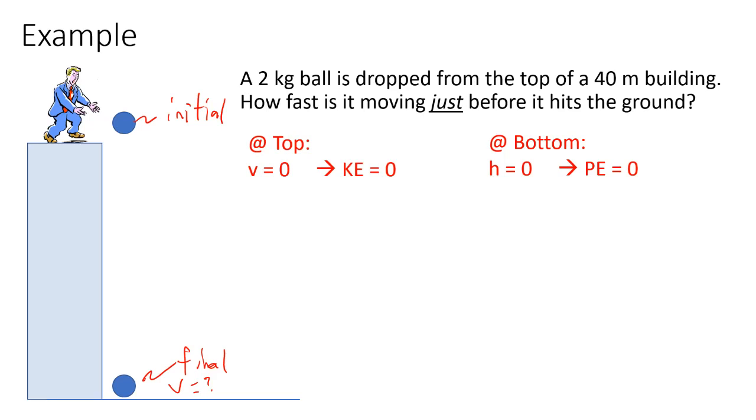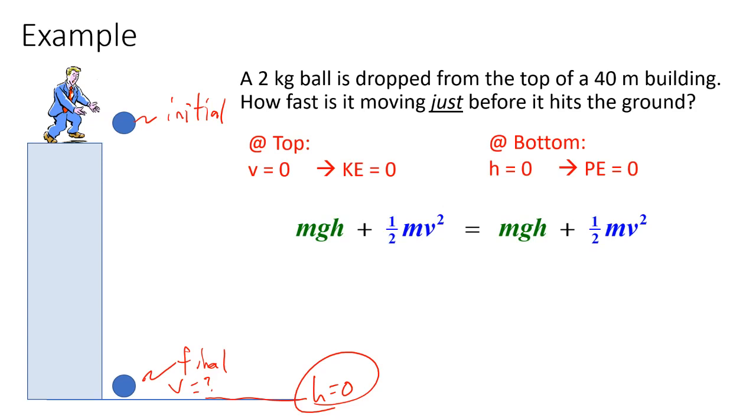Then at the bottom, generally we're going to take this as our reference point. We'll call our height 0, because it makes it nice and handy that our height at the bottom will be 0.